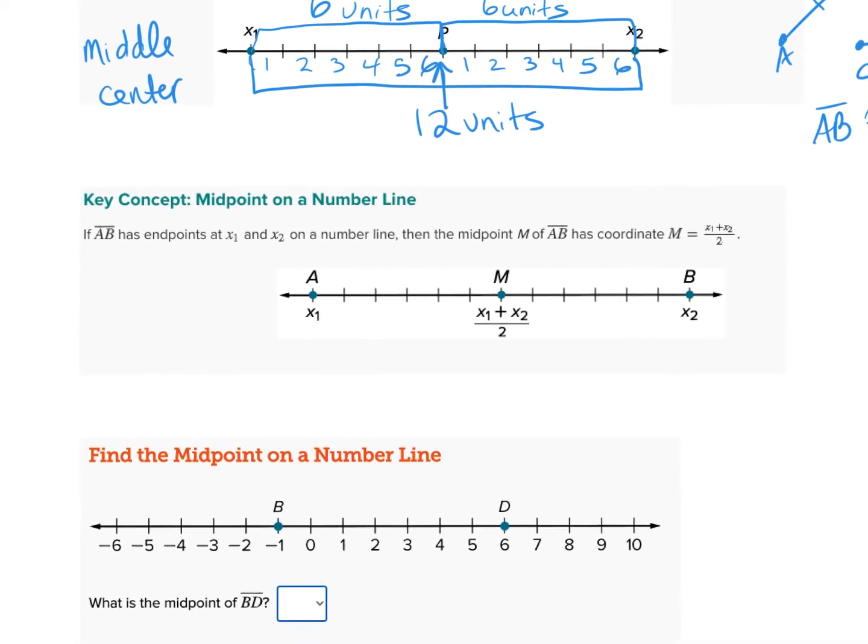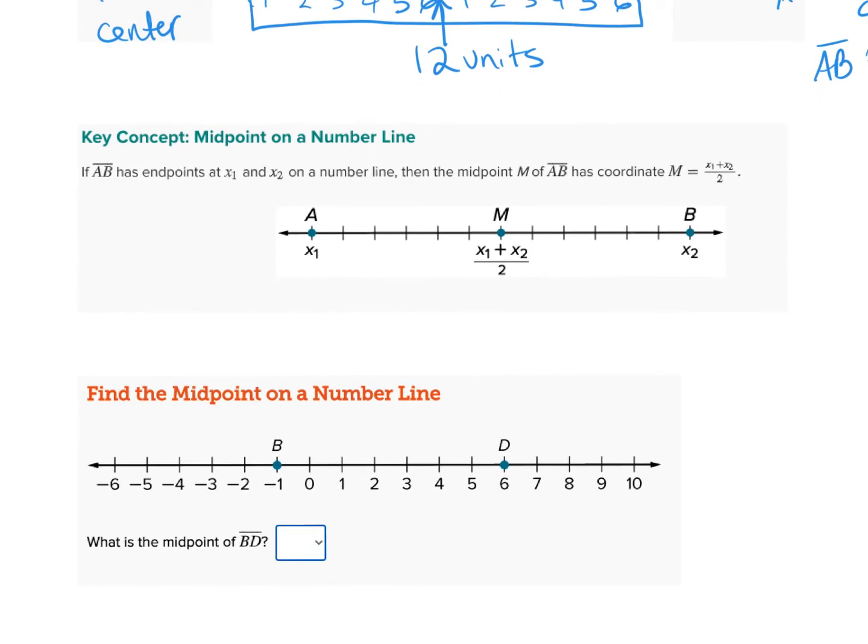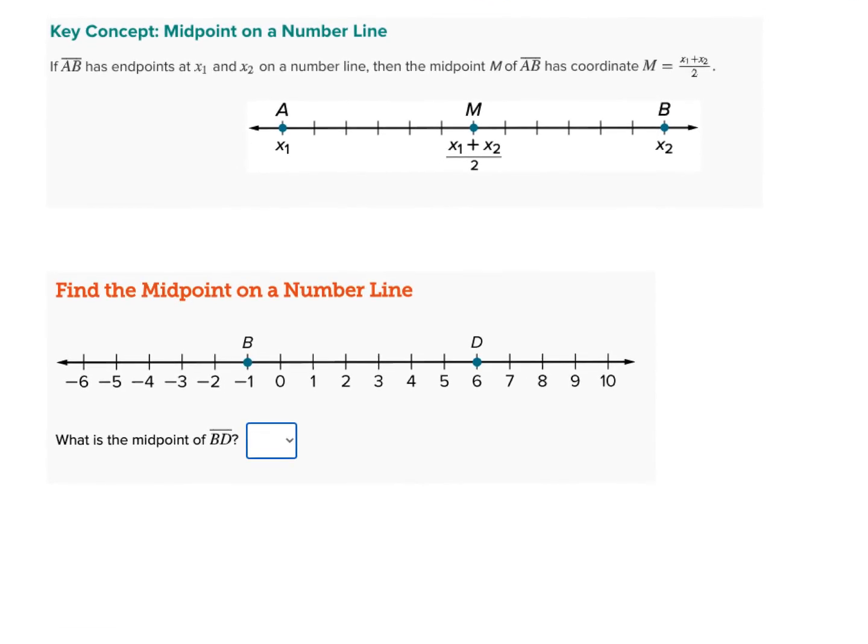Now, to find the value of where on a number line a line segment might be, we essentially take the average of the two. There's a couple different ways that we can approach this.